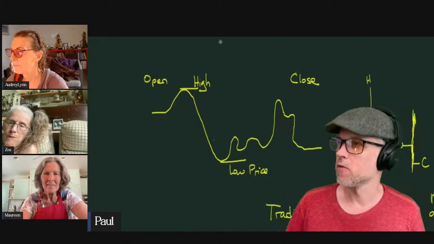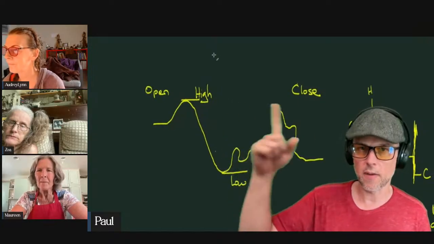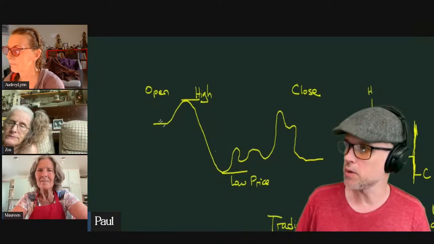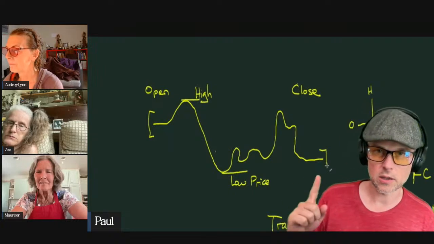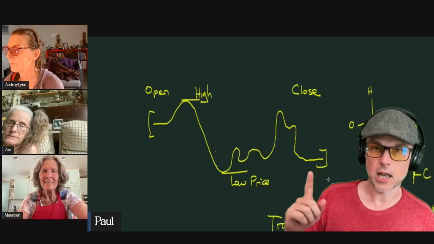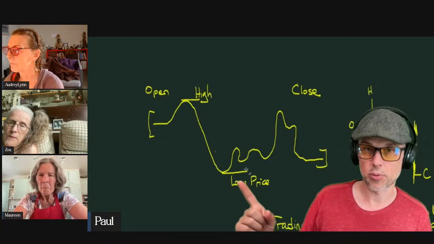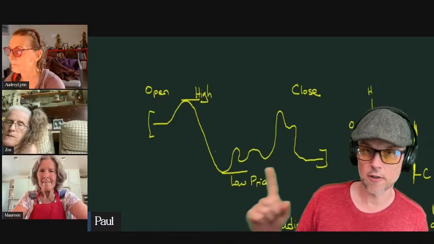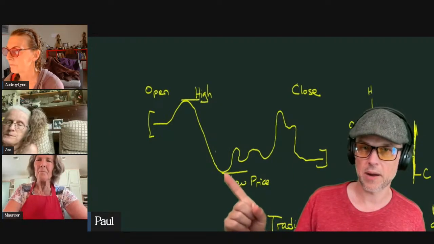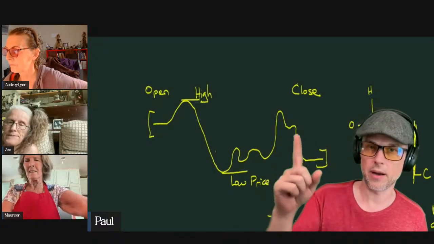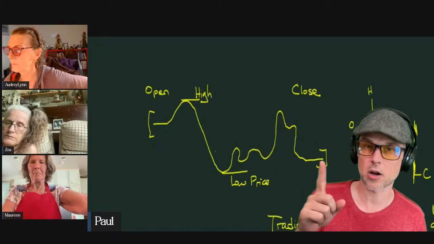So there's the market open, right here, and this is the market close right there. And we can see there is a price that's actually lower than the close, but it didn't stay there. It just bounced off there and then kind of went up and down. And then at the end of the day, the market closed here.